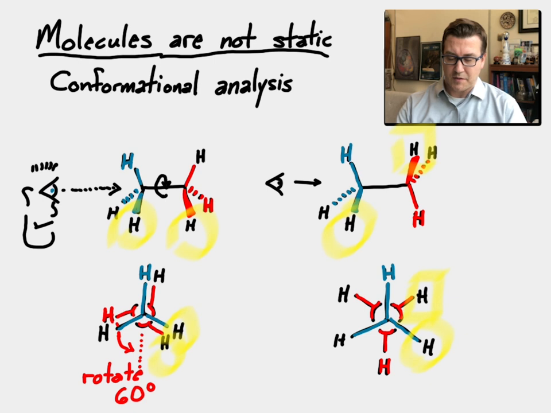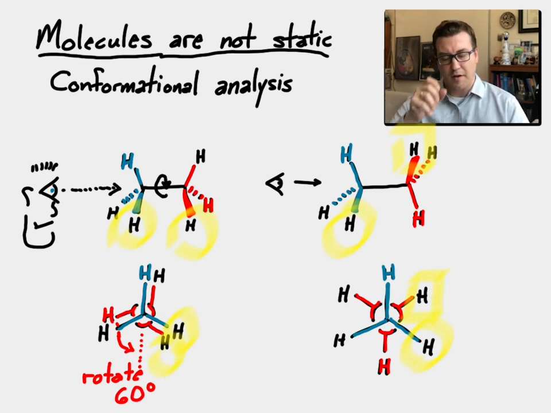If you were to grab onto this red hydrogen atom and rotate it 60 degrees, you would now have this hydrogen atom in the bottom position, and you would move the hydrogen that was here up to here.